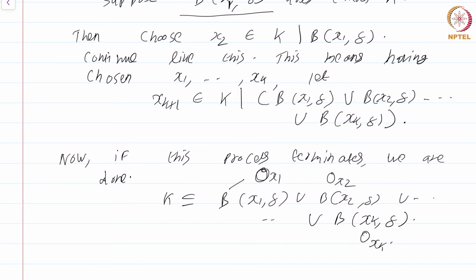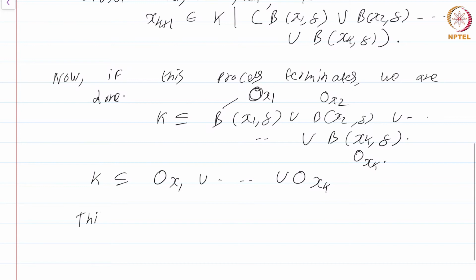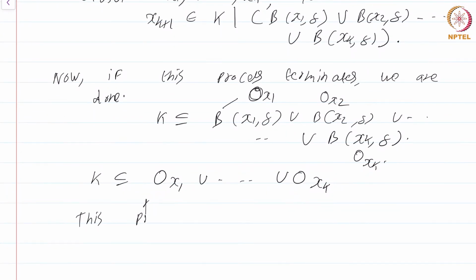Remember, delta is a Lebesgue number. So that means K will be a subset of O_x1 union ... union O_xk. And we have found our required finite subcover. So the only possibility is this process doesn't terminate.